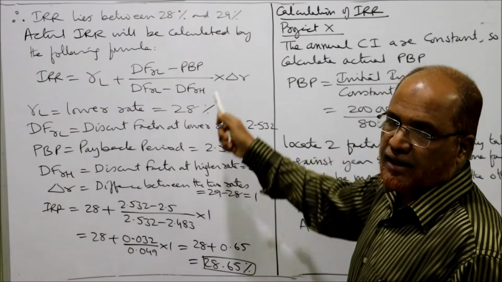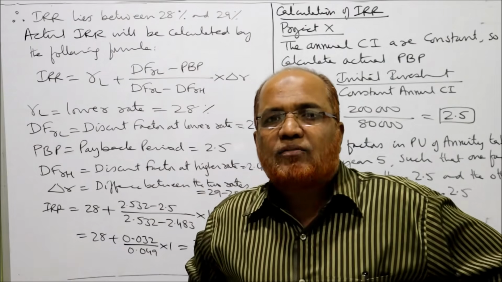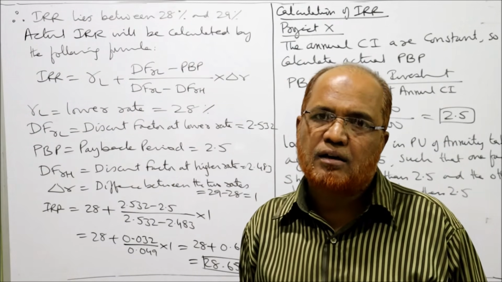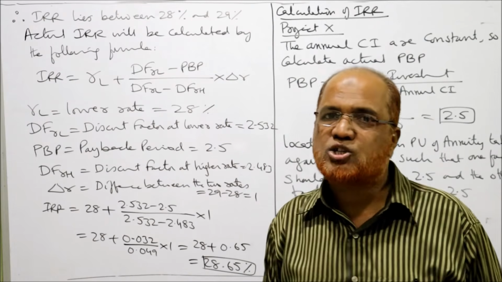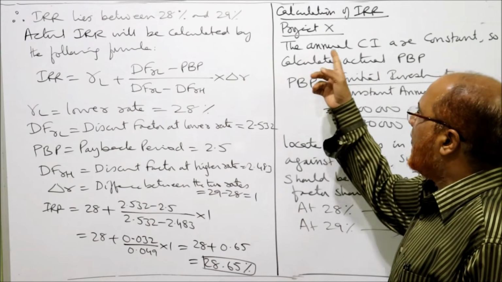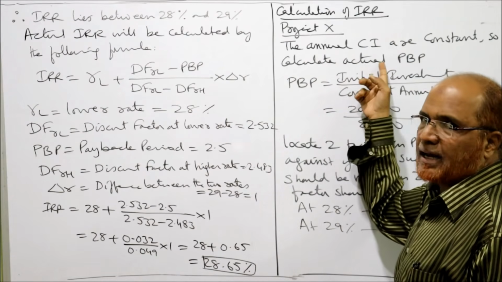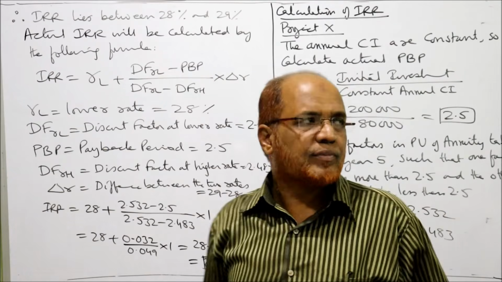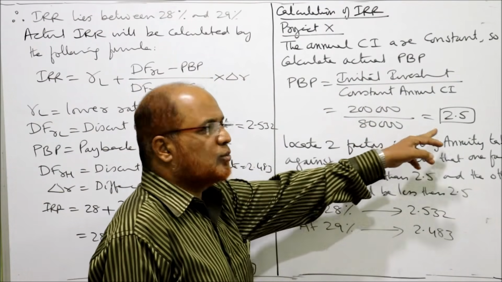This is the IRR of project X. In the previous problem, the annual cash inflows were not constant, so the formula was different. In this problem, in project X, cash inflows are constant, so it is easier. First, the annual cash inflows are constant, so we calculate actual PBP: initial investment divided by constant cash inflow, that is 2.5.